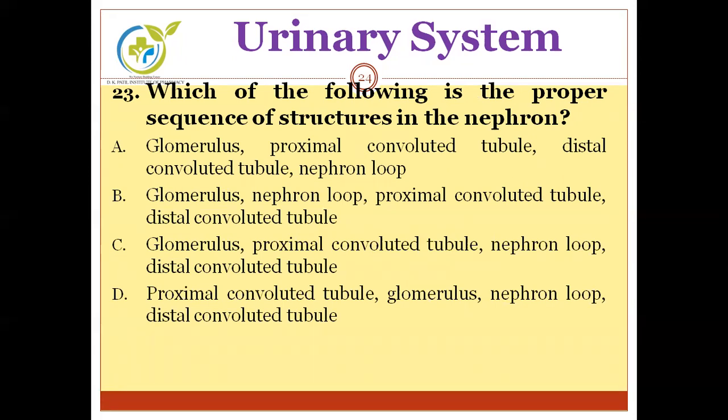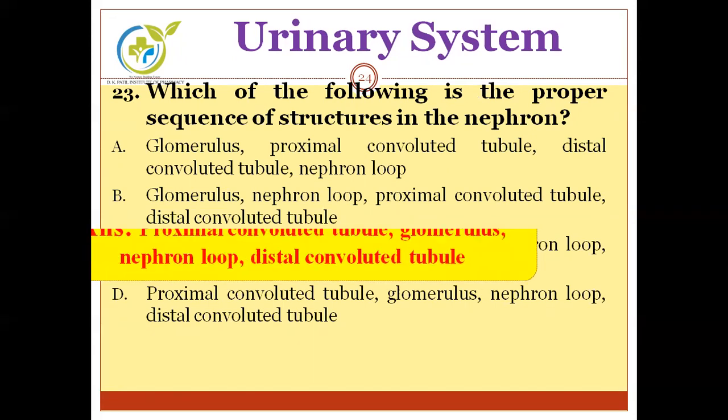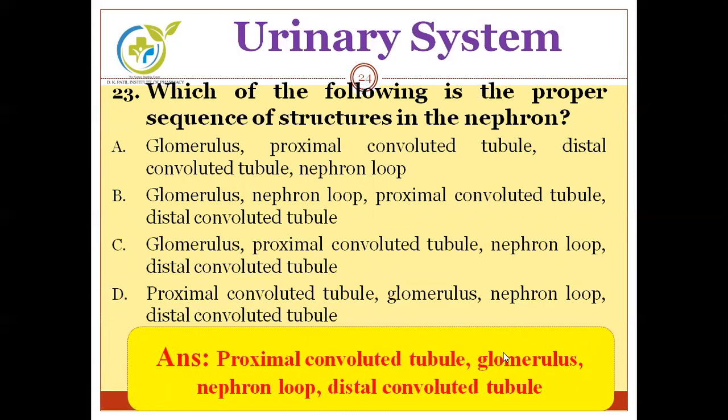As we know, the correct sequence of the nephron is glomerulus, then the proximal convoluted tubule, nephron loop, and distal convoluted tubule. Okay, C is the correct answer actually. C is the correct answer.